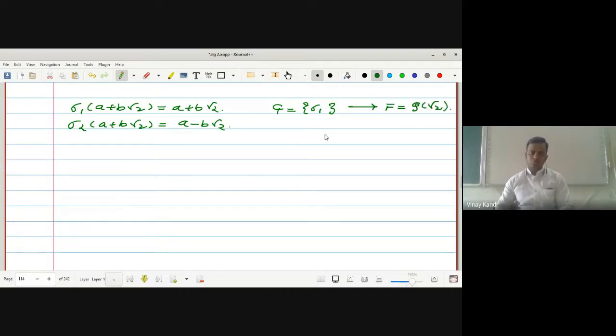If G is only sigma 2, this mapping fixes every element of Q. And if G is equal to sigma 1 and sigma 2, then the fixed field is also Q.